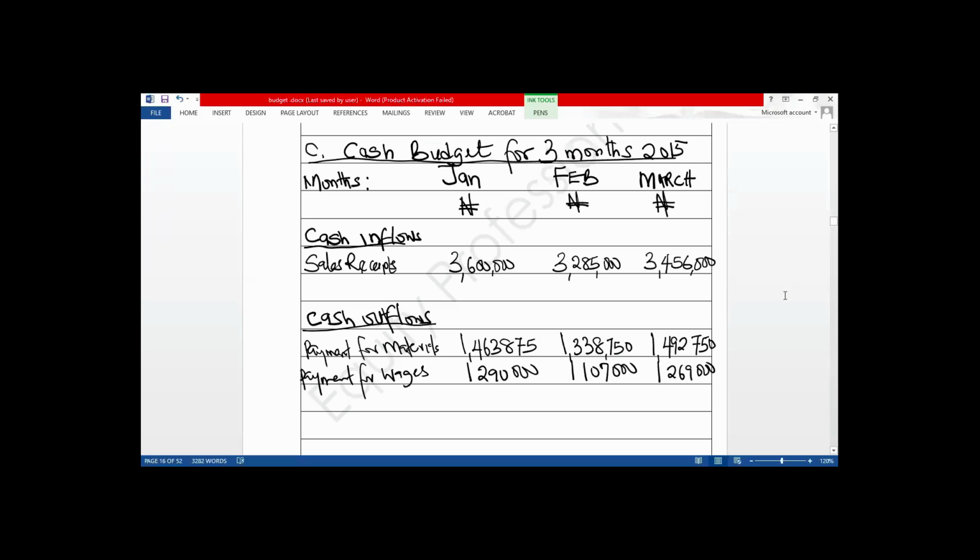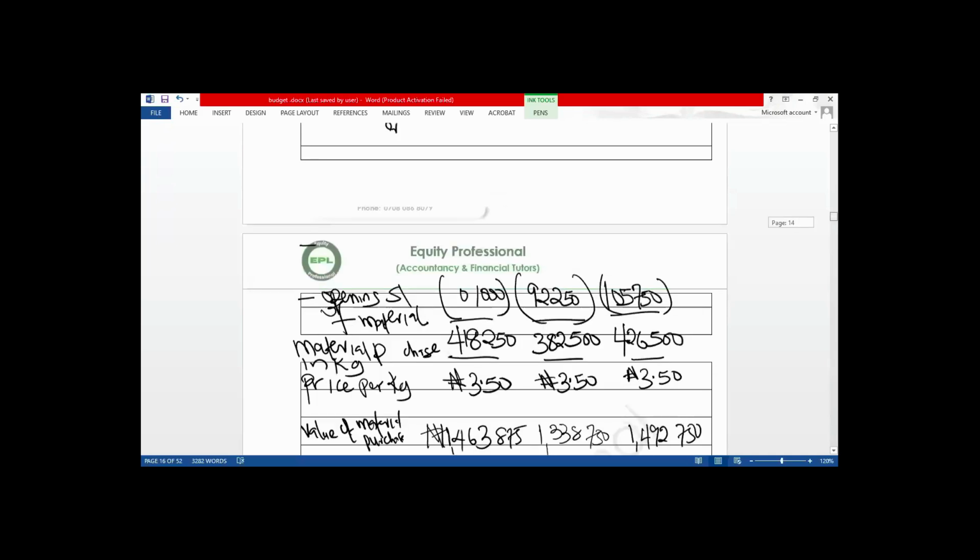In January, we are going to pay 1,290,000. February and March, we have computed. Next.